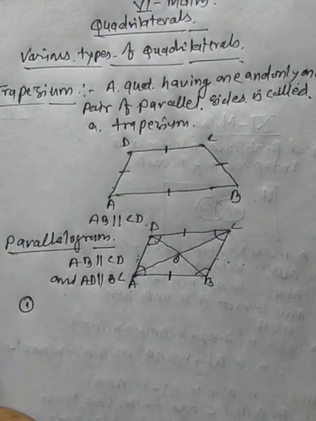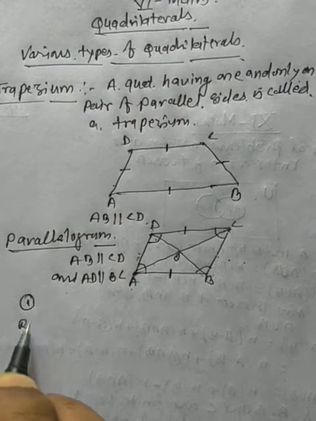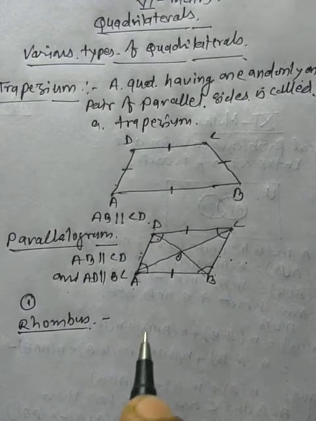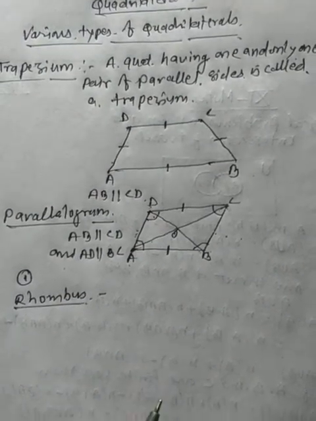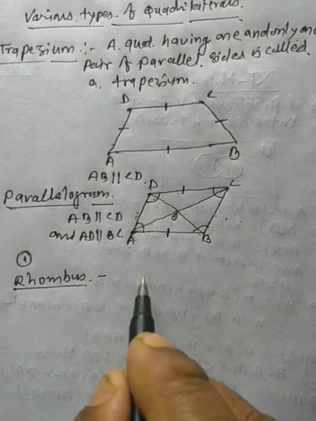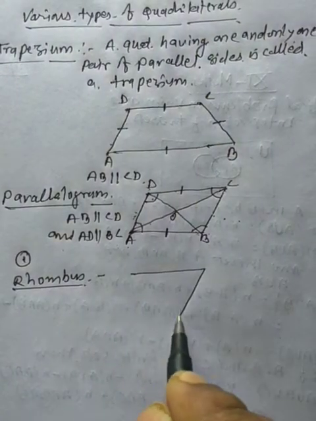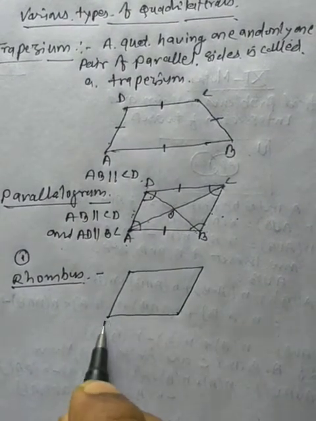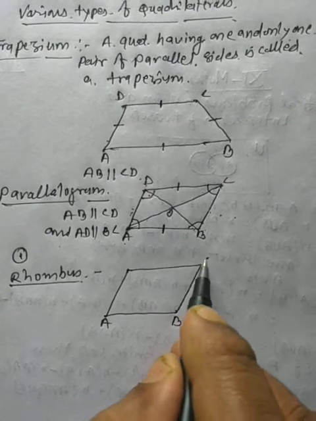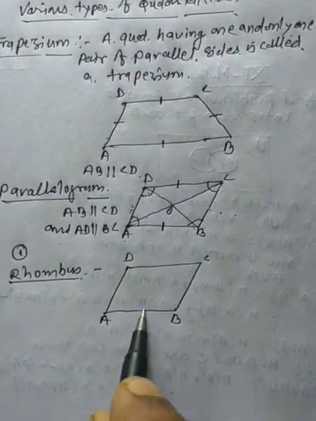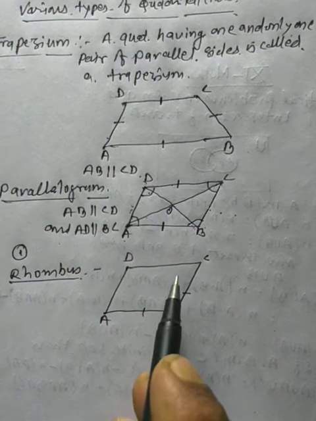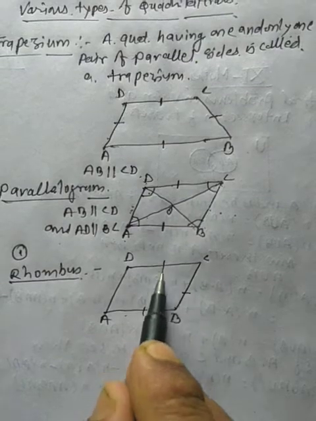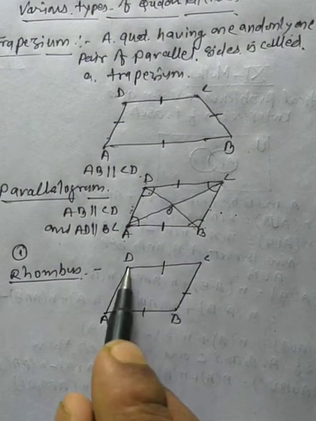Third, rhombus. A parallelogram in which all sides are equal is called a rhombus. That means ABCD is a parallelogram, then AB is equal to BC, BC is equal to CD and CD is equal to AD.